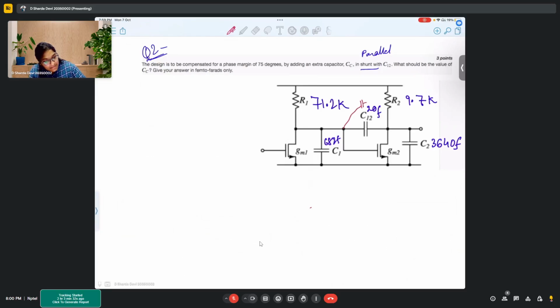So another capacitor CC will be placed here in parallel to C12 in order to compensate this.